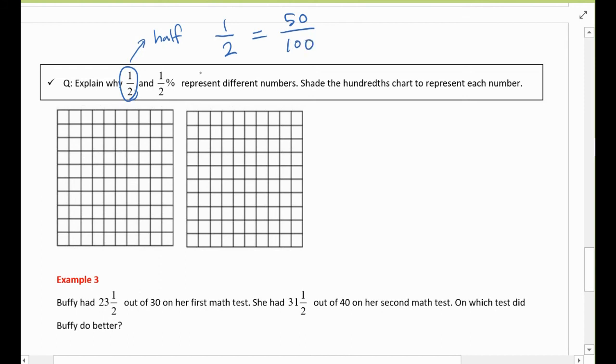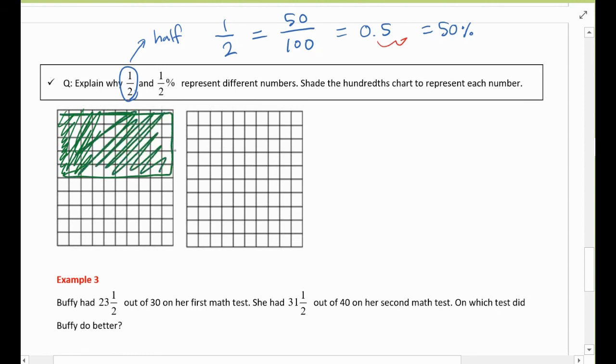So if you change this to a decimal number, that's 0.5. If you move two decimal places to the right, that is 50%. So to represent 1 over 2, you shade 50 squares. So this is 1 over 2, 50%.